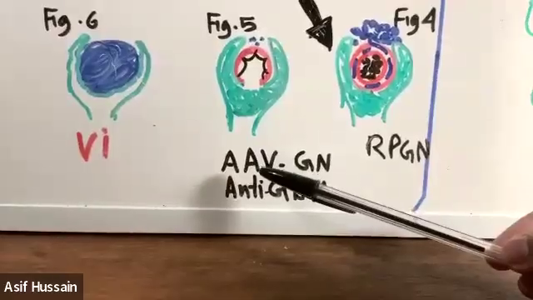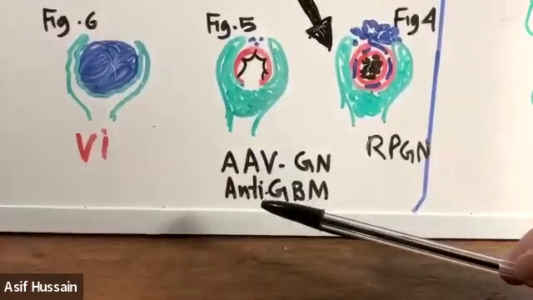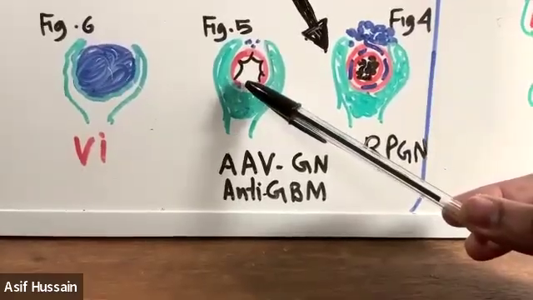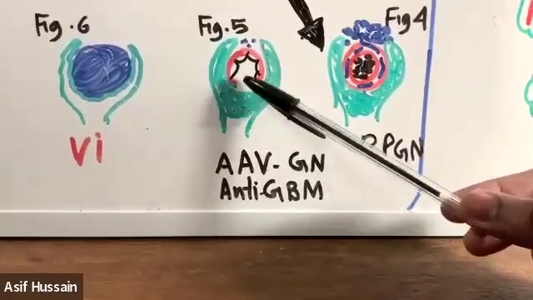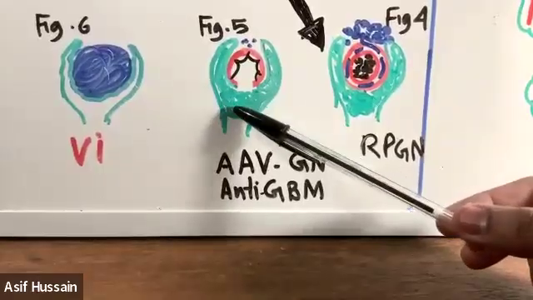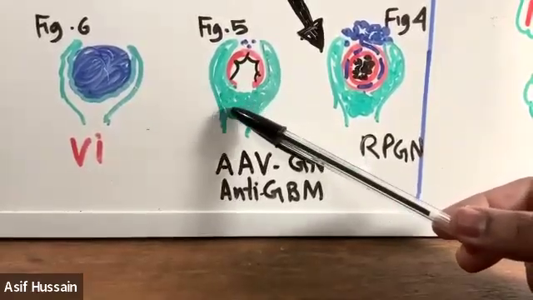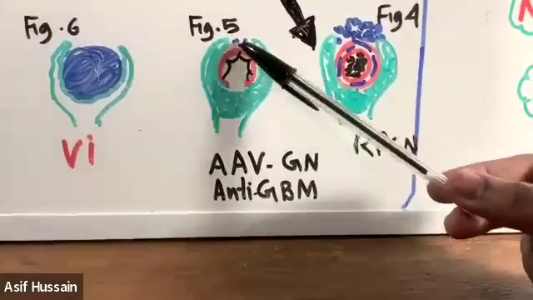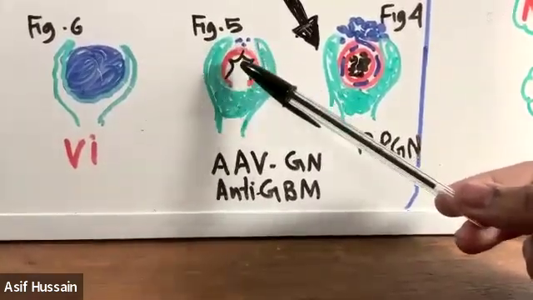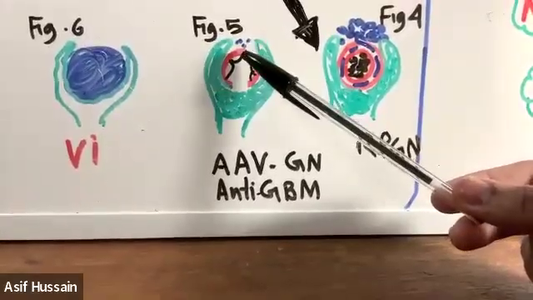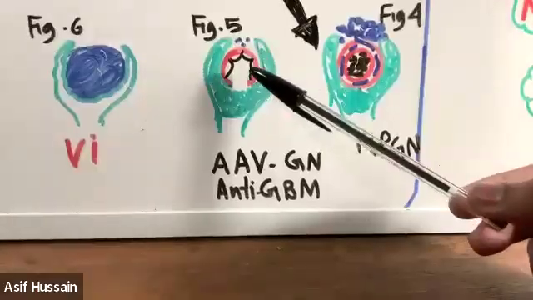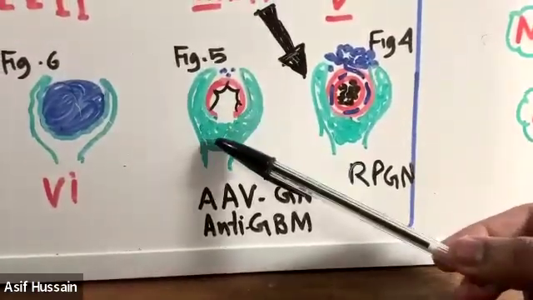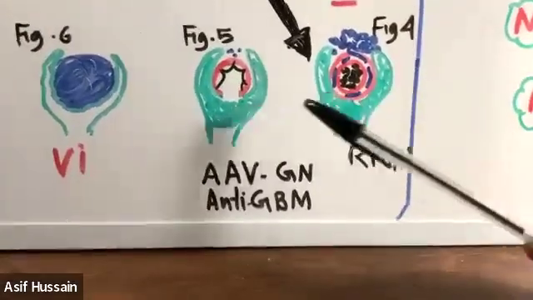These antibodies, ANCA vasculitis antibodies or anti-GBM antibodies, rupture the glomerular capillary, and that leads to blood entering the Bowman space, and the fibrinogen in the blood causes crescent formation. So there is a crescent formation, but the mesangium is normal, the capillary endothelium is normal, and the capillary basal membrane hasn't expanded. There's only rupture of the capillaries and crescent formation. So compare these two crescents.